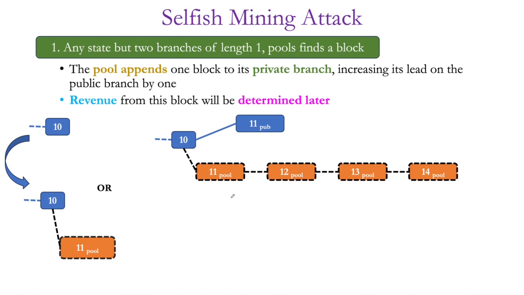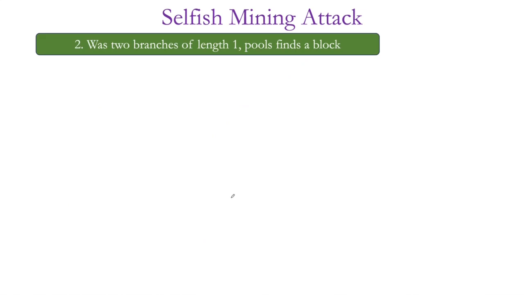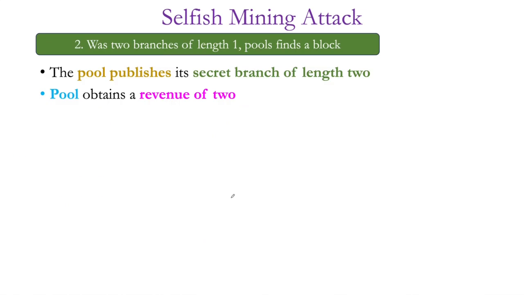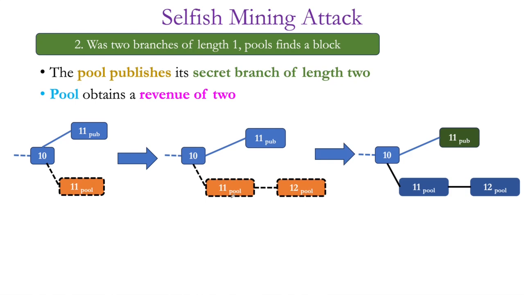The second case is two branches of the same length, and the pool finds a block in that, and the pool publishes its secret branch of length 2 compared to the public branch, that is, the pool's 11 and 12.